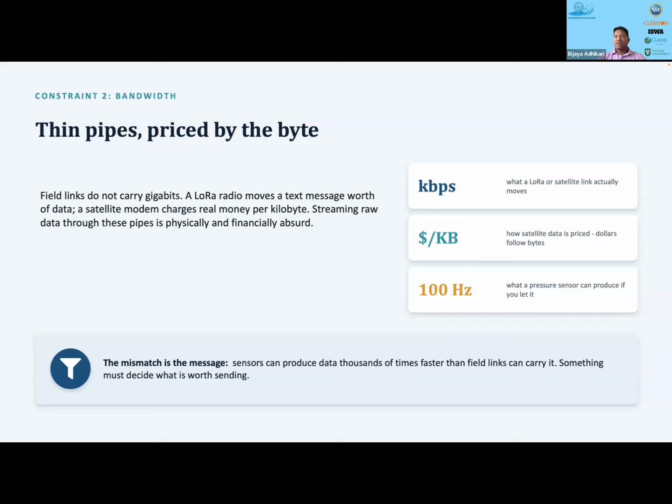So this bandwidth constraint already forces our hand. We have to put some decision maker on the sensor device, and that itself is edge computing in a sense. That moves us towards edge computing.